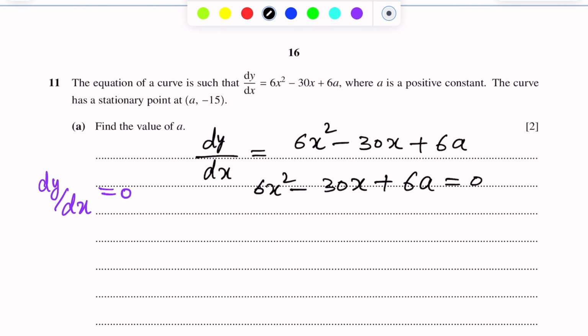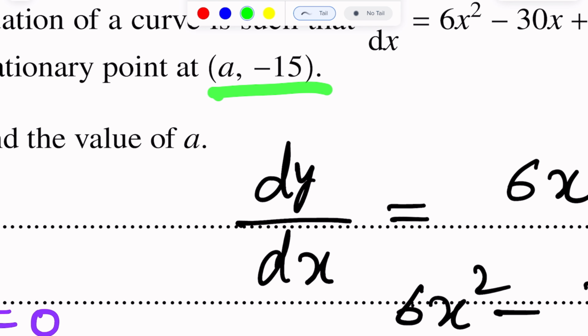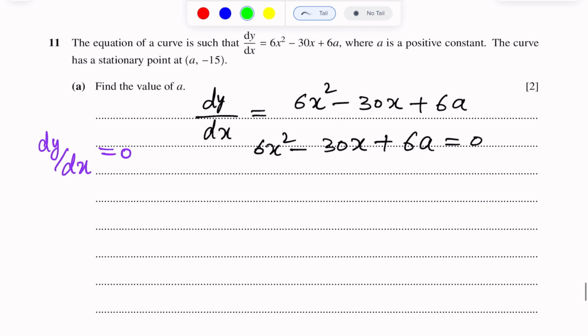Now the stationary point is given, that is coordinates are a, minus 15. This is the value of x, this is the value of y.